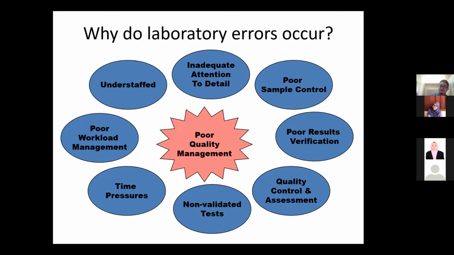If we do not do this at the appointed time, it can again lead to lab errors. Maybe the lab is using non-validated tests. Non-validated tests could be something which is new. When COVID-19 came, for the diagnosis of COVID, we had to decide which particular kit and what particular sample. Do we use saliva, a nasopharyngeal sample, or an oropharyngeal sample? How?